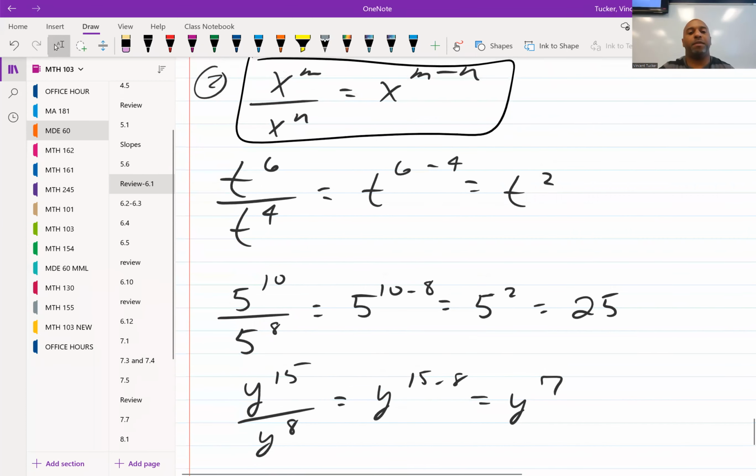Then one more, y to the 15th divided by y to the 8th. That'll be y to the 7th. 15 minus 8 is 7.